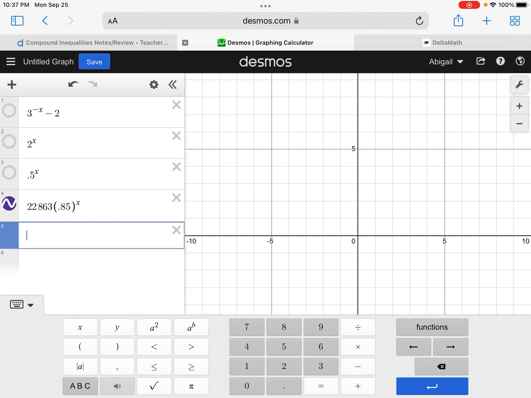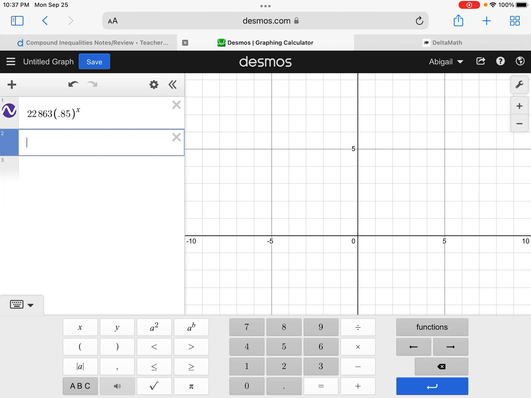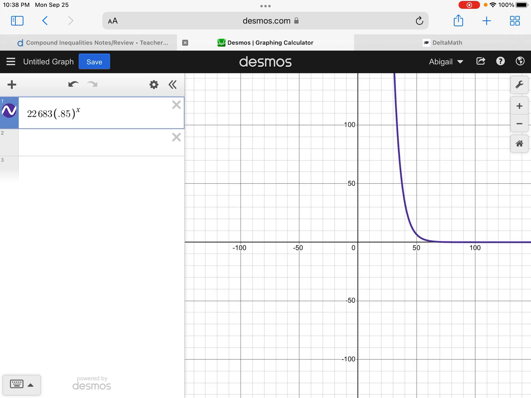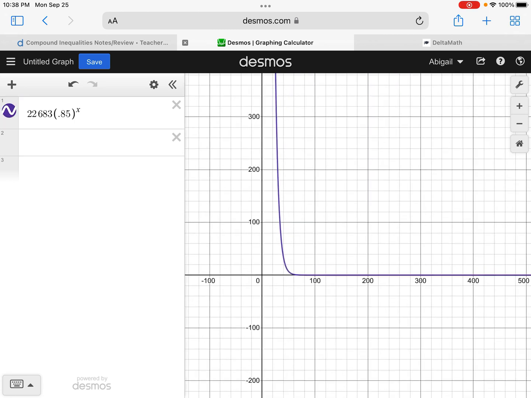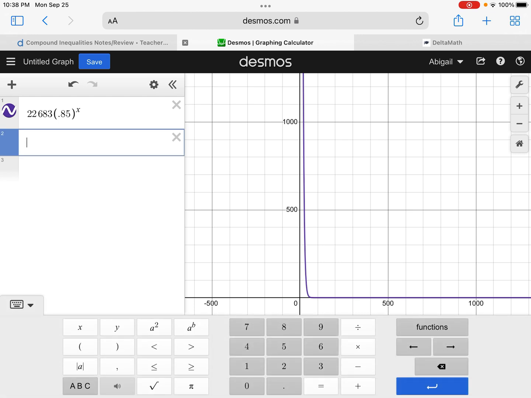So we know that our equation is that 22,683 and 0.85. Got my 6 and my 8 mixed around, sorry. Okay, so you're not obviously going to see it on the graph. You're going to have to zoom out, right? So we want it to be 10,000. That 10,000 is the y.